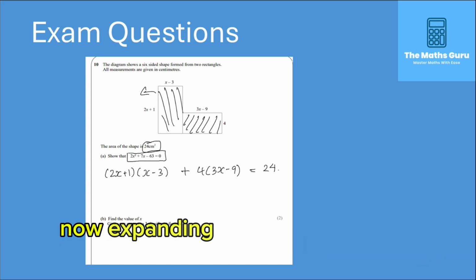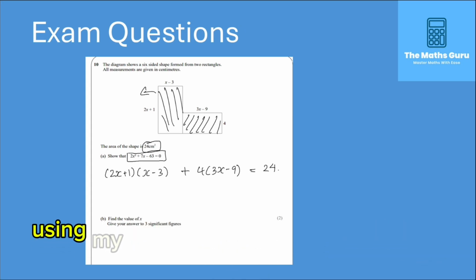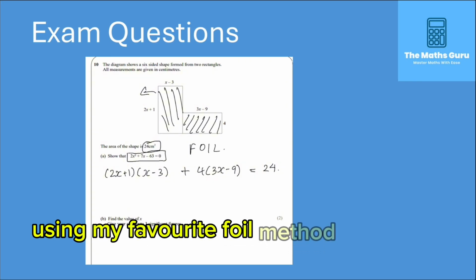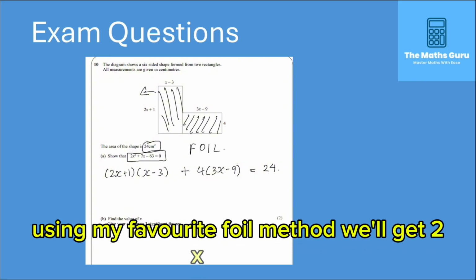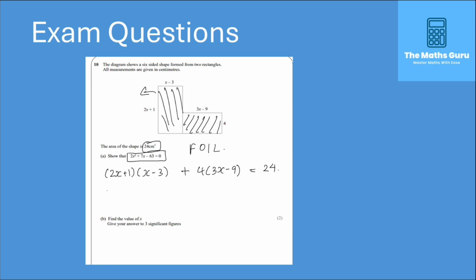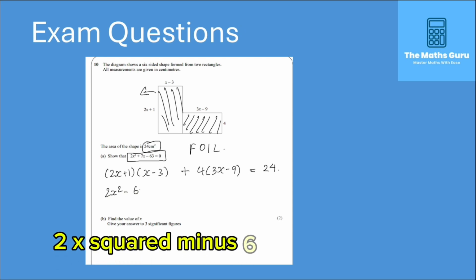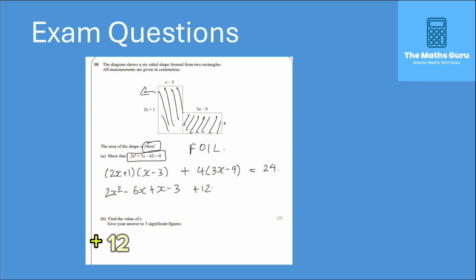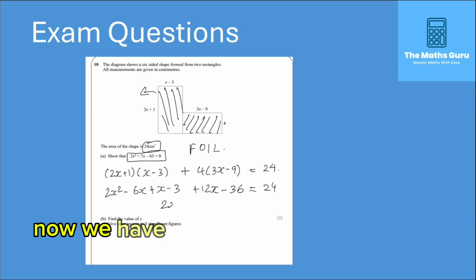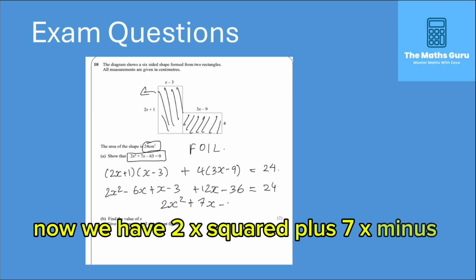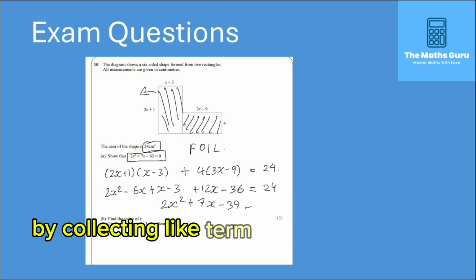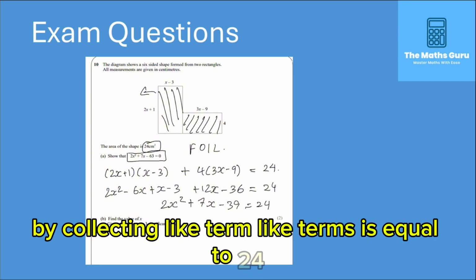Now, expanding out our first double bracket using my favorite FOIL method, we'll get 2x squared minus 6x plus x minus 3 plus 12x minus 36 is equal to 24. Now we have 2x squared plus 7x minus 39 by collecting like terms is equal to 24.